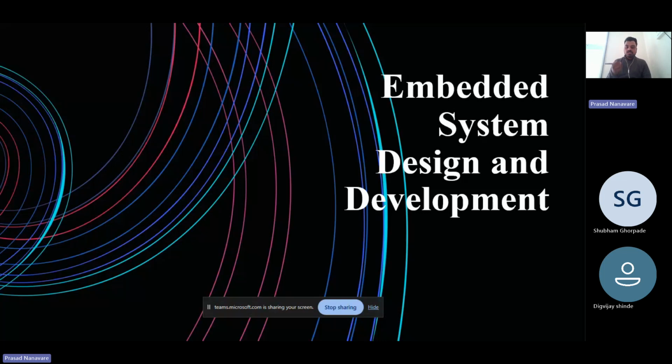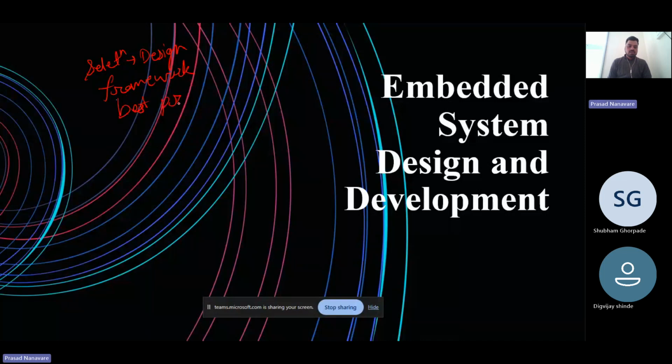So, embedded system design and development. This unit basically focused on component selection and mostly design frameworks, and best practices while designing embedded systems. The perspective is like, suppose we have to design a system, gather the best products available in the market to design the system.